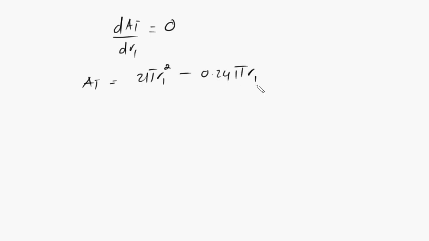So now I have to differentiate this with respect to radius and equate to 0. Then the radius that is obtained after this is the one that will give either a minimum value or a maximum value. So remember, my total area is 2 pi r1 squared minus 0.24 pi r1 plus 0.0144 pi.